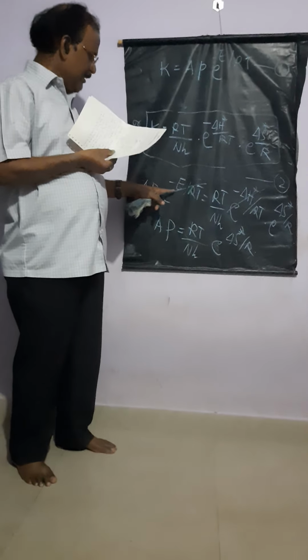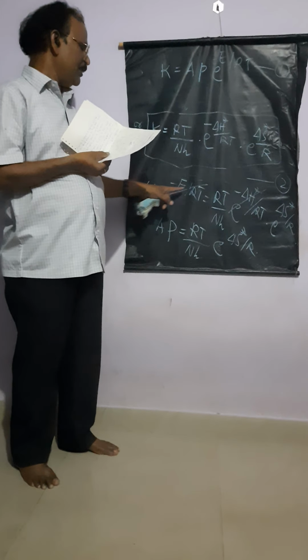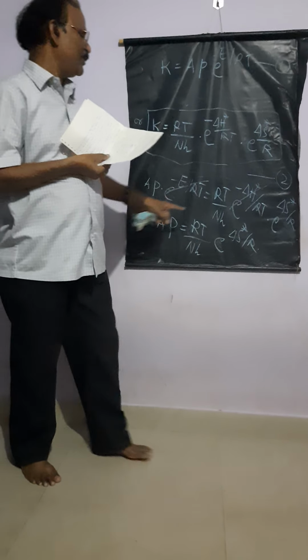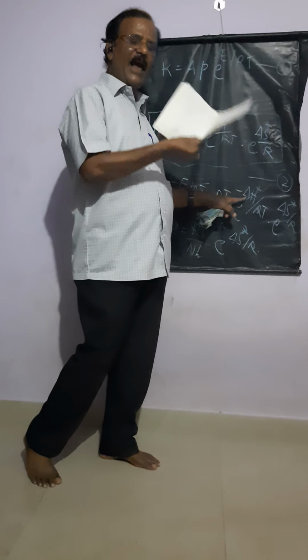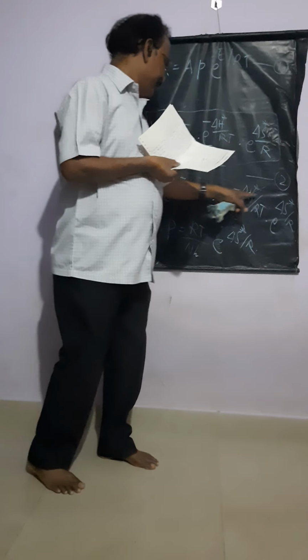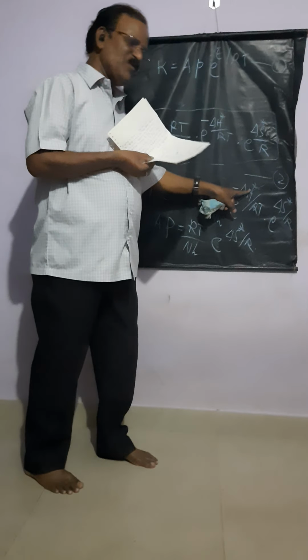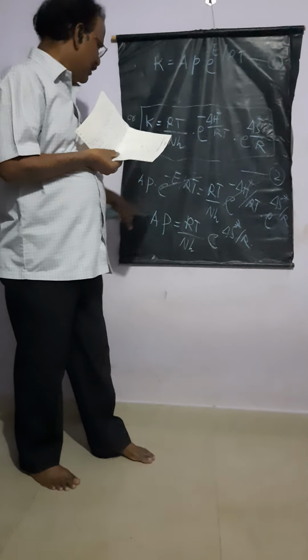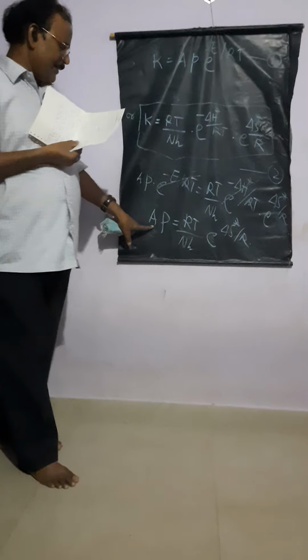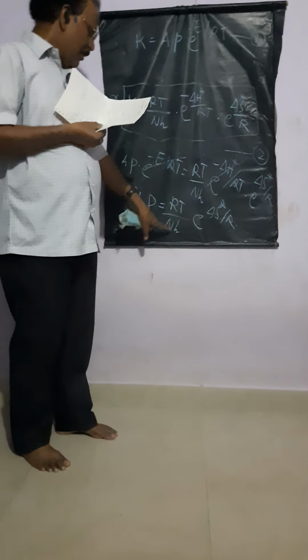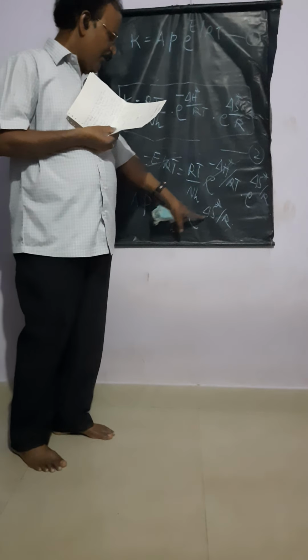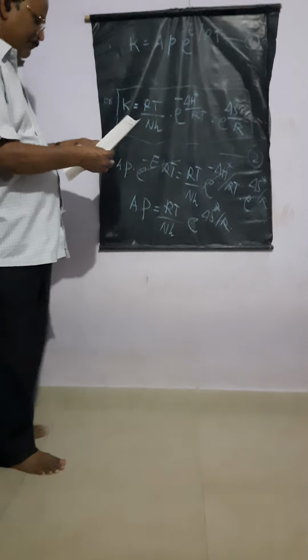So this energy E divided by RT is nearly equivalent to the heat of reaction or heat of formation of an activated compound. And these two are almost the same, so they cancel. Therefore the Arrhenius factor A into steric factor P is equal to RT divided by Nh into e to the power of delta S star divided by R.